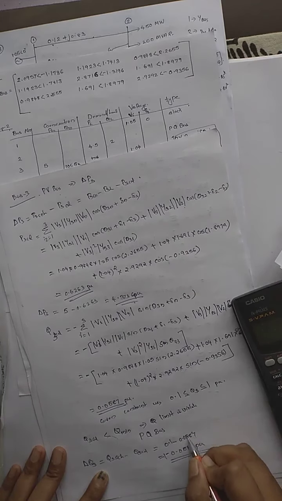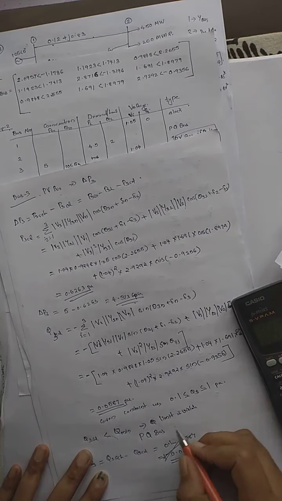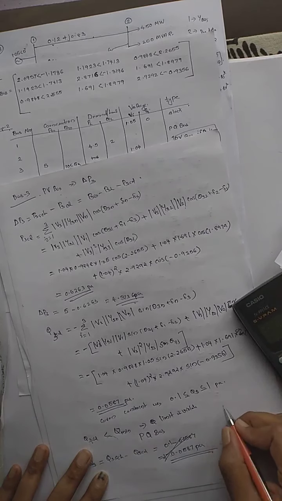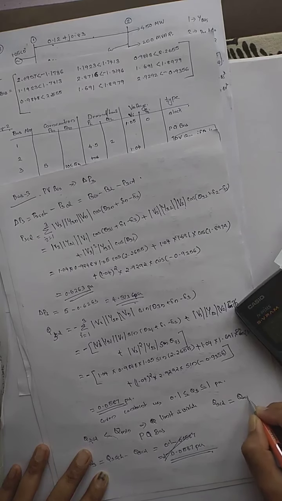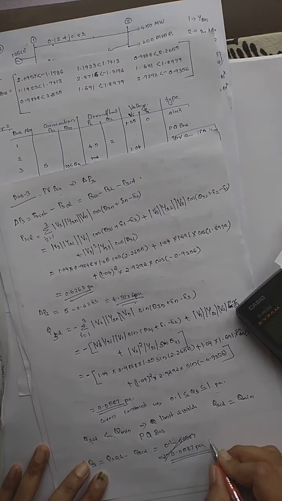Okay, so I am rewriting it. If my Q3 calculated value is less than the minimum, then Q3 will be equal to Q minimum. So my Q minimum is 0.1.